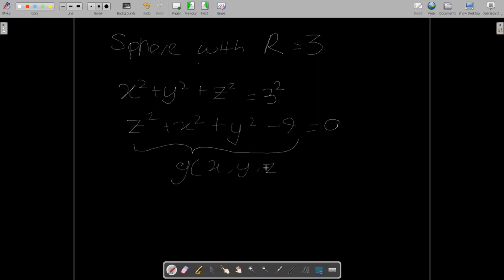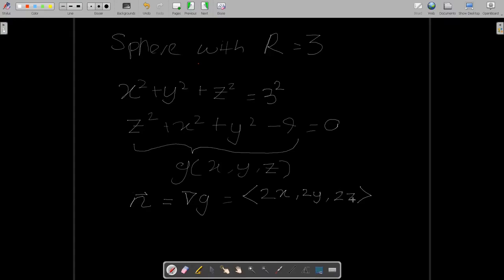So that the normal vector is simply the gradient of g. The x component is partial g partial x, which is 2x here. And then you have partial g partial y, so 2y. And then partial g partial z, you have 2z.